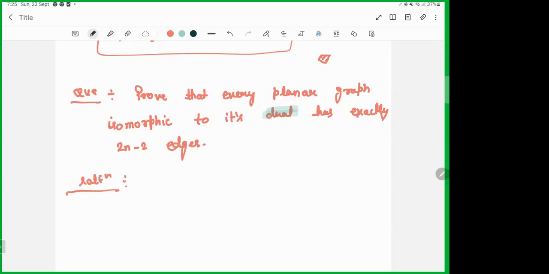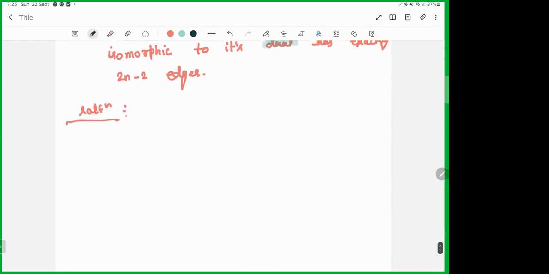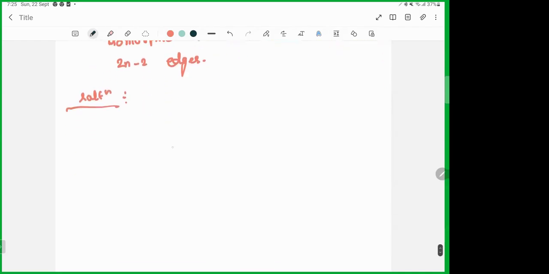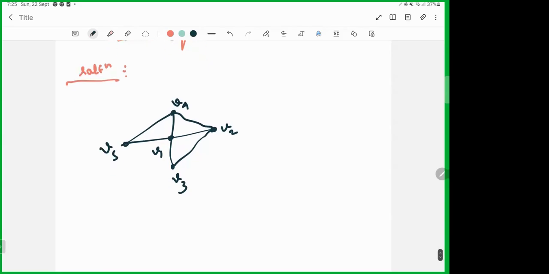Can you show an example of a self loop? Suppose you have a graph like this, with vertices v1, v2, v3, v4, v5. So this is your graph G, and you are going to find its dual. How many faces do we have? This is F1, this is F2, this is F3, and the outside face is F4. So we have four faces.